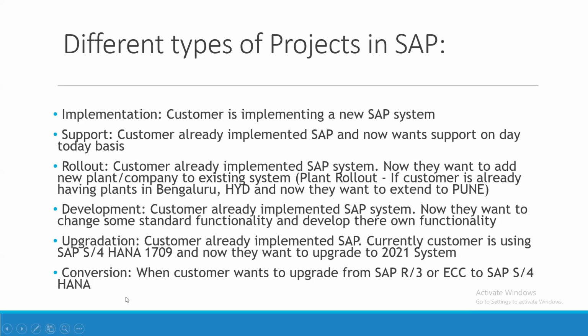But if the client has been using SAP as a system since 25 years, since 2000, and now they wish to switch to the latest version of SAP, which is HANA, such a type of project is called a conversion project. They are converting from ECC as the older version to HANA as the new, latest technology that SAP is using.